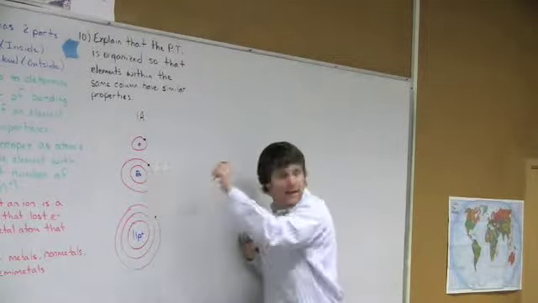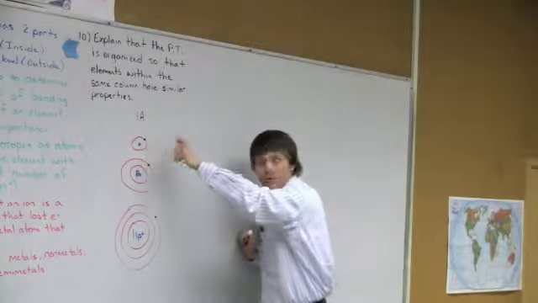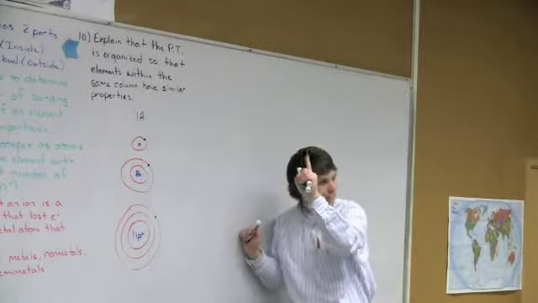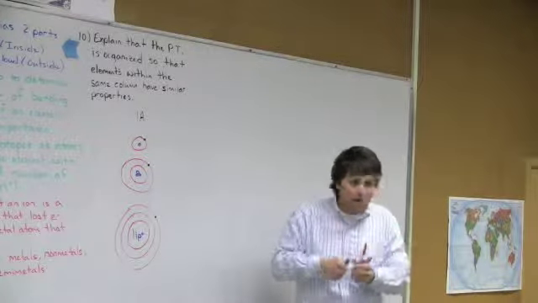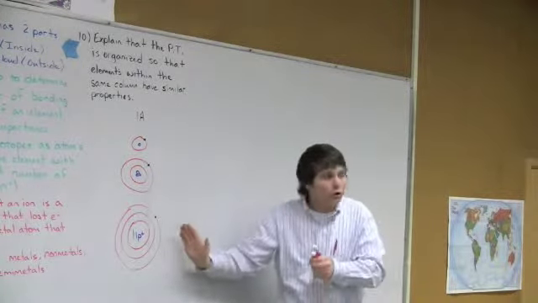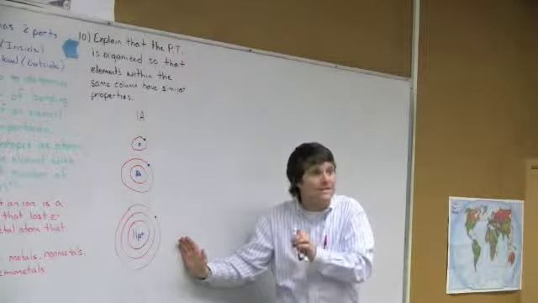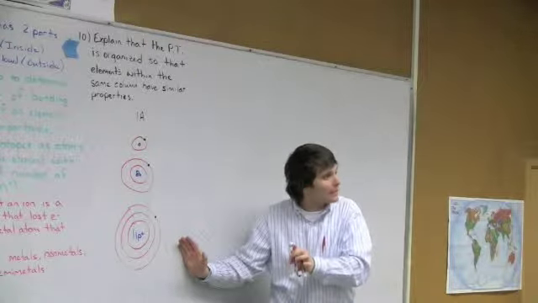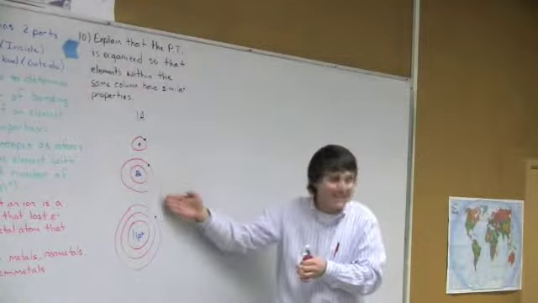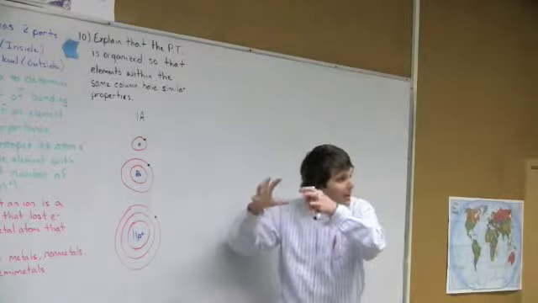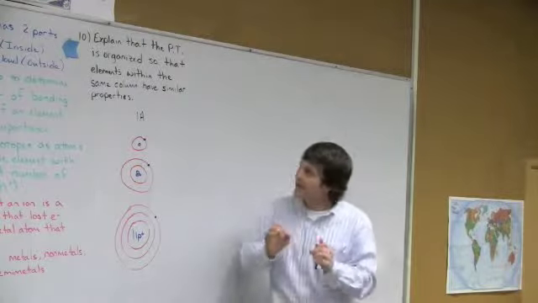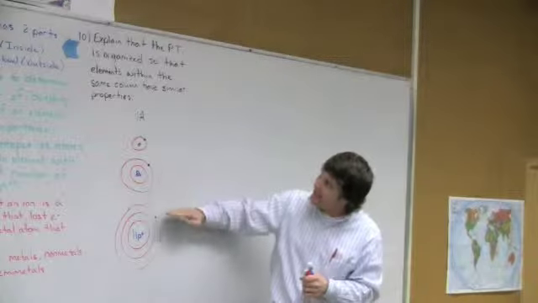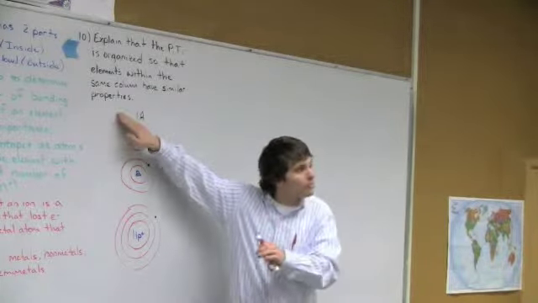So from another atom's standpoint, all of these atoms look very, very similar. They almost look exactly the same. Obviously their sizes are different, but from the outside perspective they all look similar or the same. Because of that, all of these atoms have similar properties.